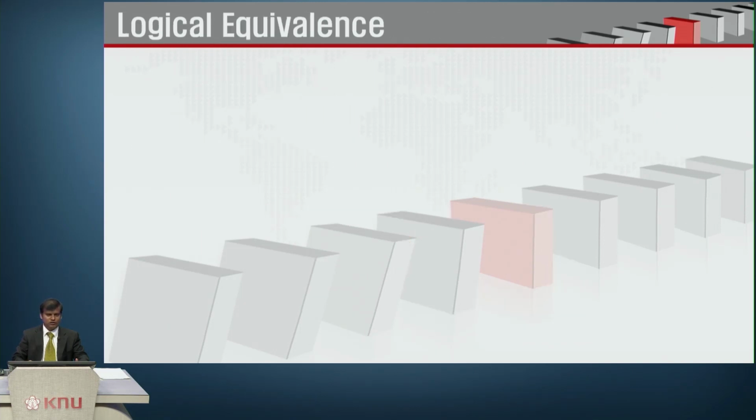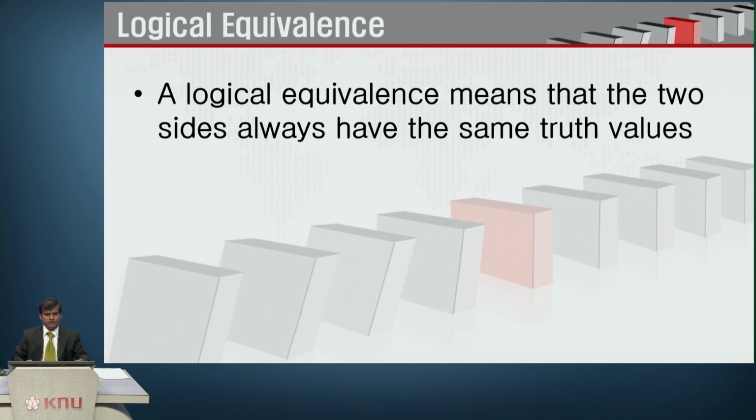Let's see more on logical equivalence. Logical equivalence means that two sides always have the same truth value. So when both sides have the same truth value, we say they are logically equivalent. We use a symbol similar to this one that shows both directions.